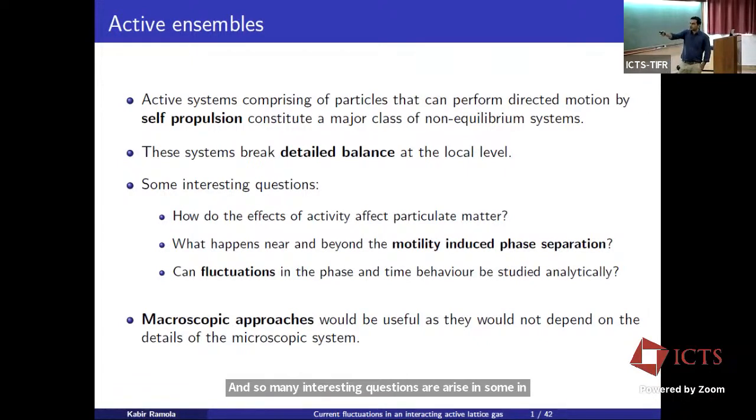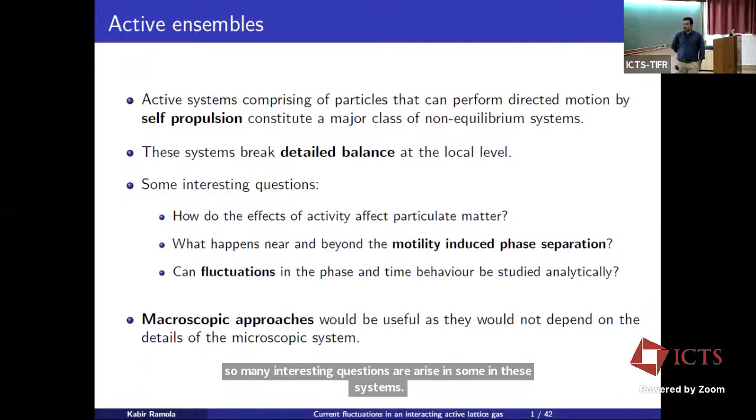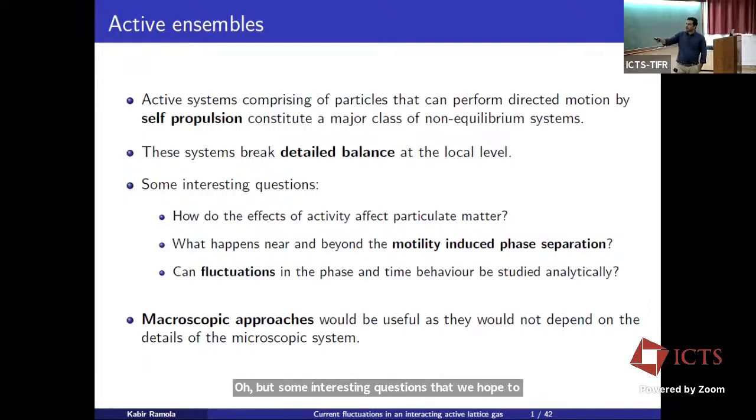But some interesting questions that we hope to answer with simple lattice models would be, how does the effect of activity affect the particles, and the effects of exclusion versus activity? How do they couple? What happens near and beyond motility-induced phase transition? That is also an interesting question.